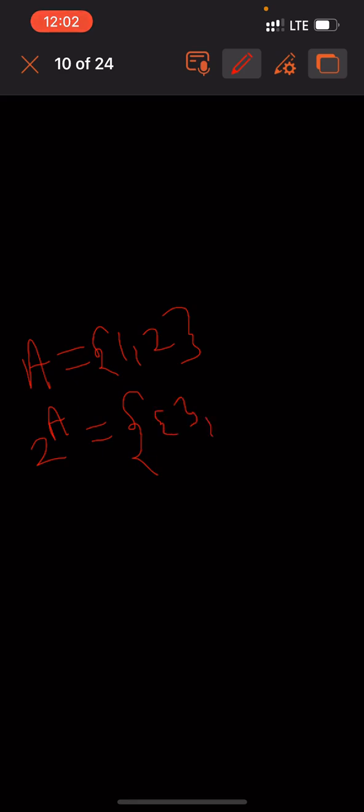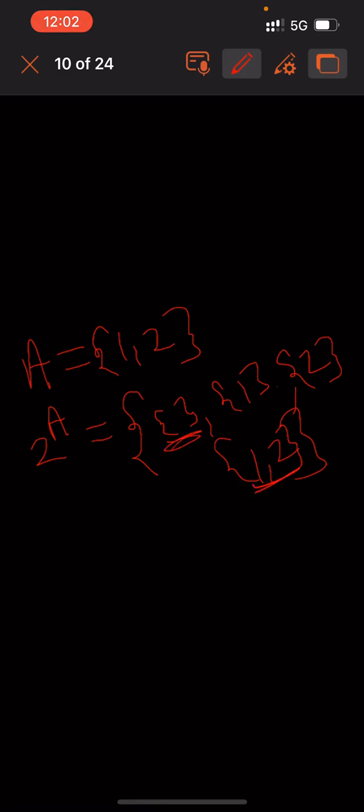Empty set, singleton set 1, singleton set 2, and then 1, 2. See, one thing you have to remember, always empty set and the whole set are the subset of the given set. So empty set this is, whole set this is, and then these two. So 2 power A, that means the power set having 4 elements.